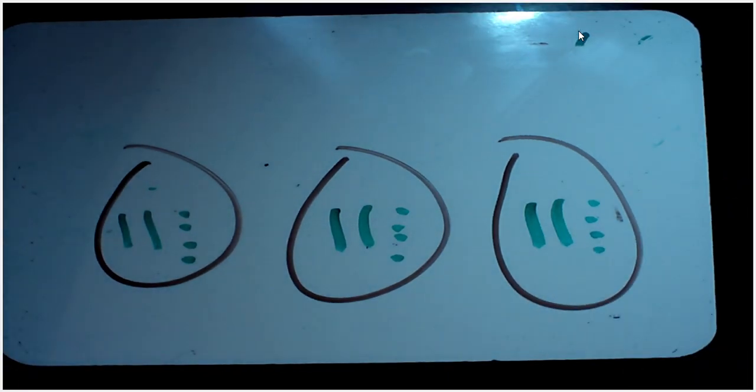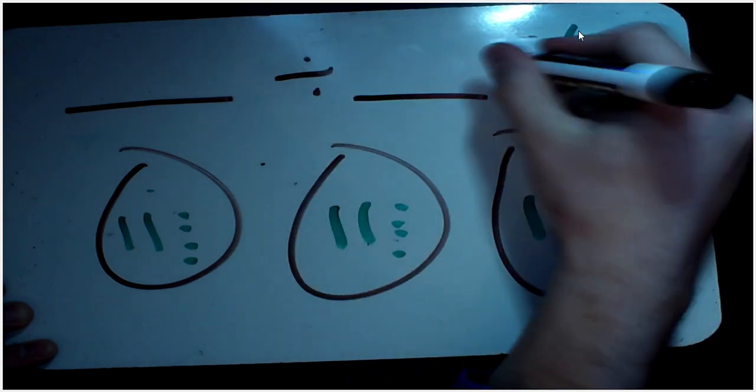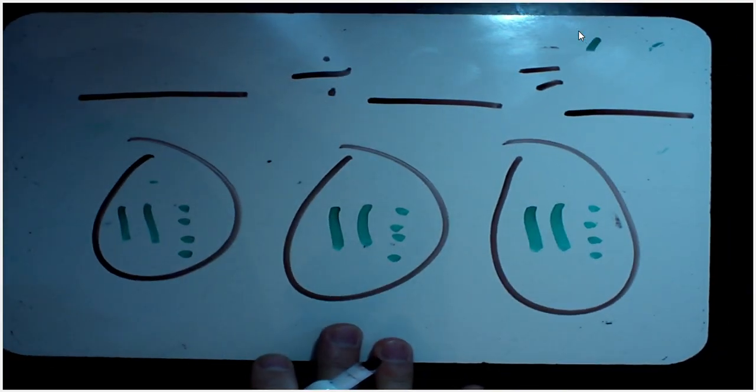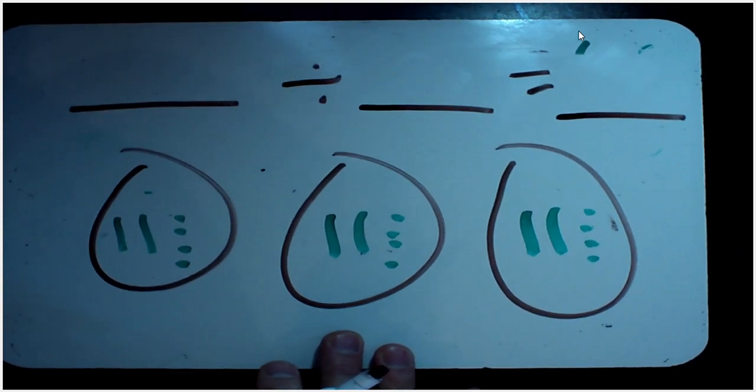And they're going to ask you to tell them the division sentence. So you're going to have something divided by something equals something. Sometimes they give you one or two of the numbers. Other times they don't. So let's think about what we know about the division equation.